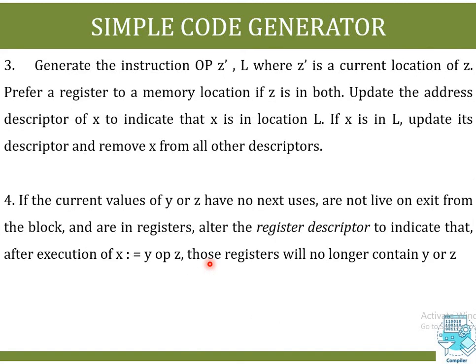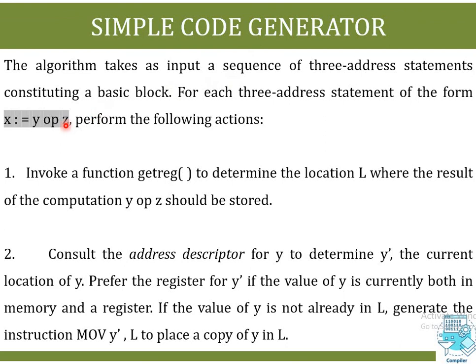Then the third step is we have to generate the instruction operation z dash, L. Already we have y dash in L. Now we are performing the operation. We are generating the instruction operation z dash, L. What is z dash? It is the current location of z. So it is the second operand.